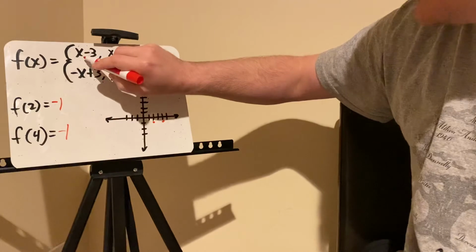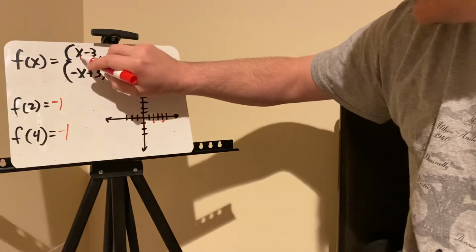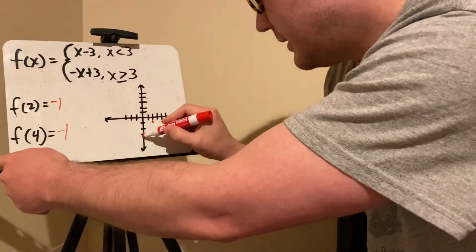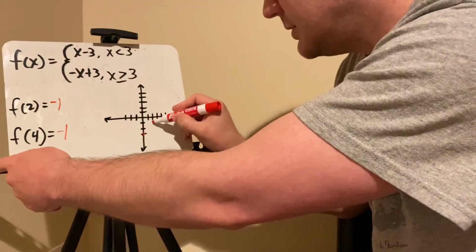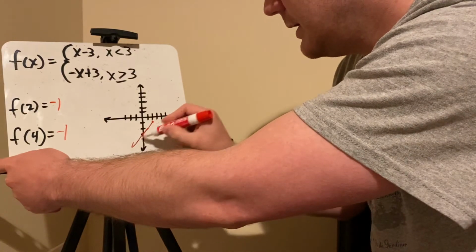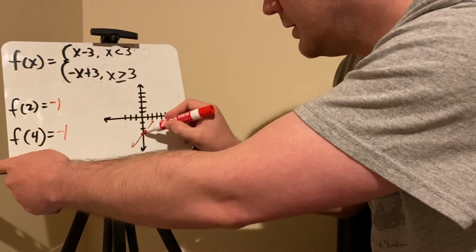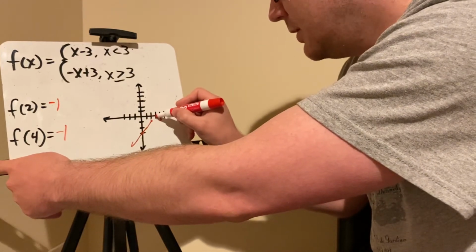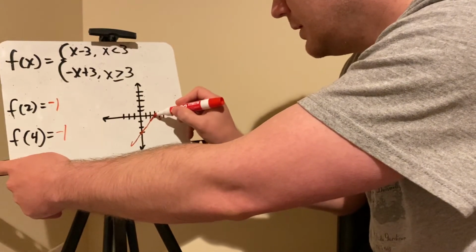So in this case, x is less than 3, so when x is 0, it's going to go down to -3. Now I have 2 points for this section, so I simply can draw this straight line here, and it's going to go all the way. My slope is 1, so we just go up 1 over 1. So here, right? Goes all the way to here.